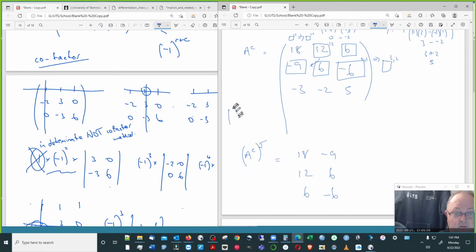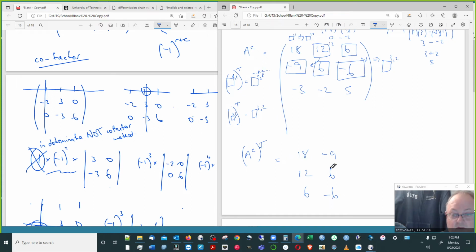So the transpose just means that you take 2, 3, 3, 2. Row, column becomes column, row.